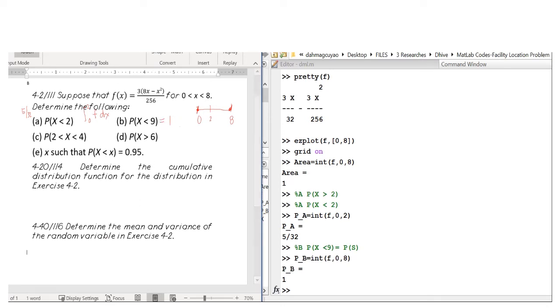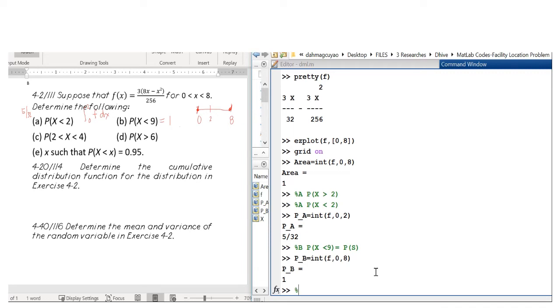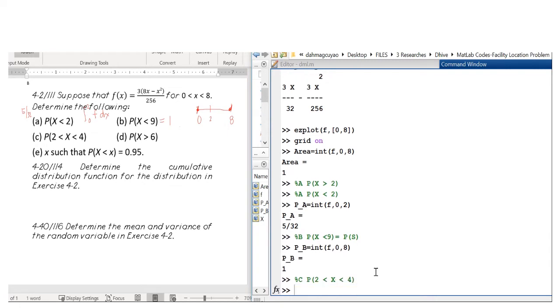Letter C is quite, I think, the easiest. For the probability that x is in between 2 and 4, it would be the probability that x is in between 2 and 4.